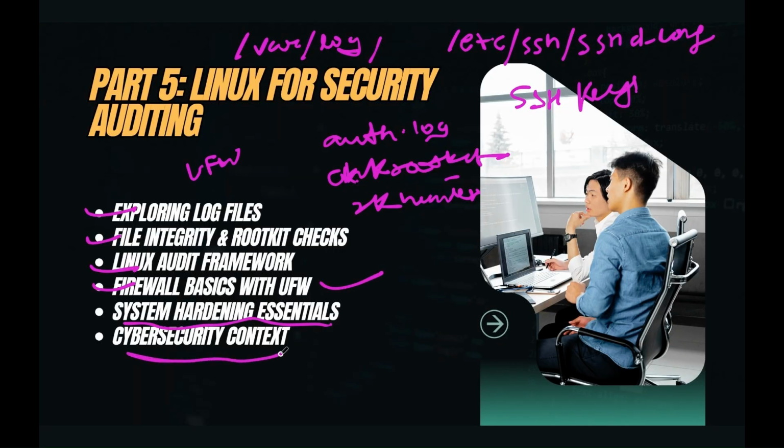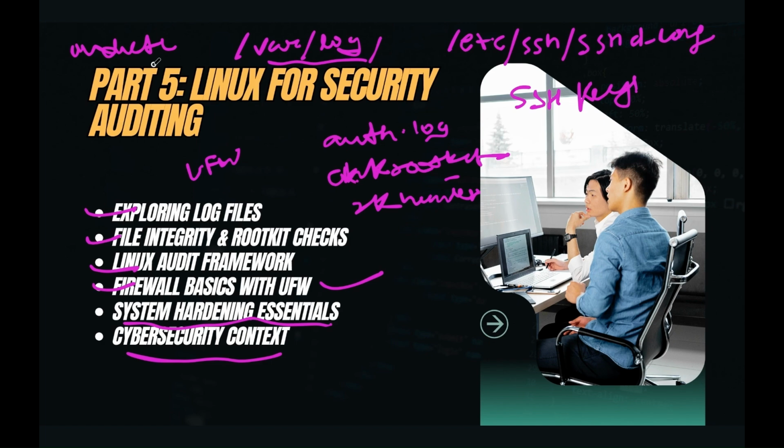Okay, so the final segment we have is cybersecurity context. In the real world, analysts hunt intrusions by reviewing logs under the /var/log directory, and compliance teams use auditctl or auditd for the auditing framework.